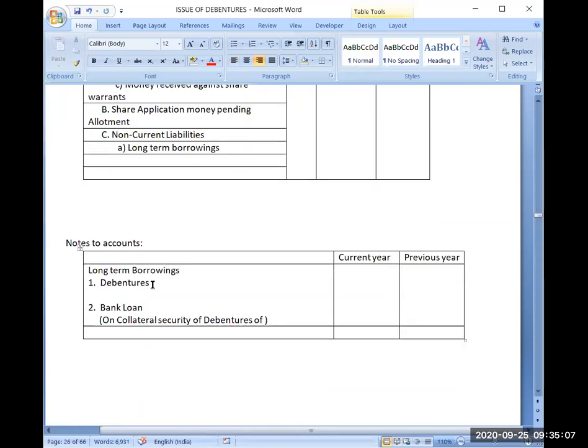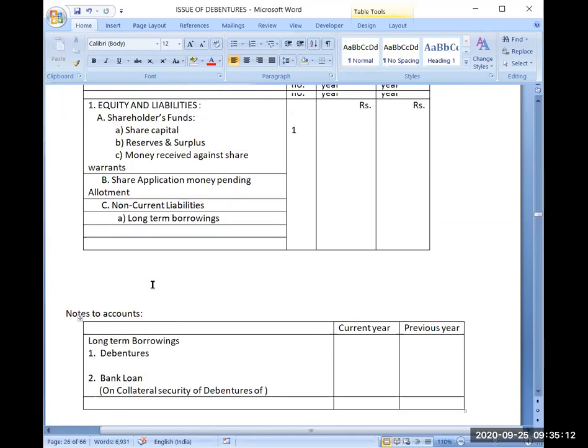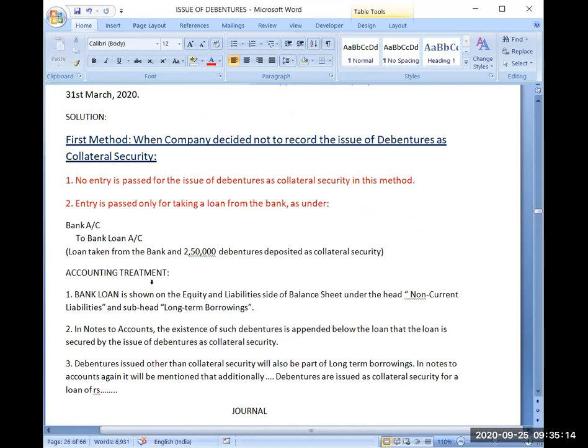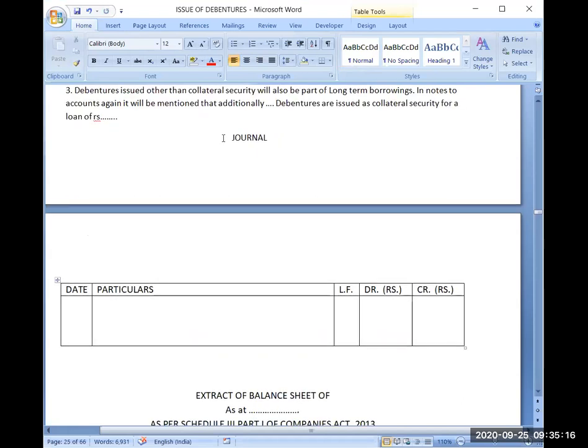So I have two long-term borrowings. First, I have debentures. The question is telling us that you have taken a loan. So first, I will record that loan in the journal.